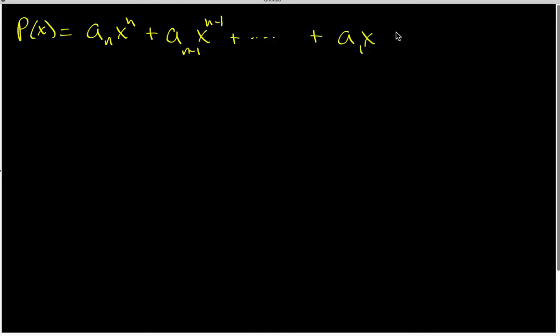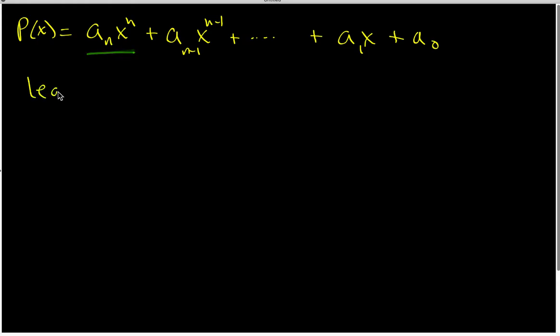So when I write p of x is equal to a_n x to the n plus a_{n-1} times x to the n minus 1, and so on until we get down to a_1 times x plus a_0, there are things that I want to point out. The first one is that the biggest power of x that's actually present is an important term.